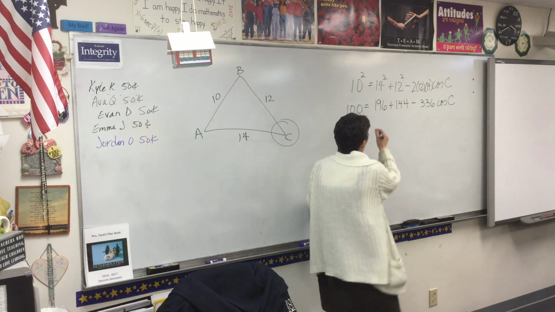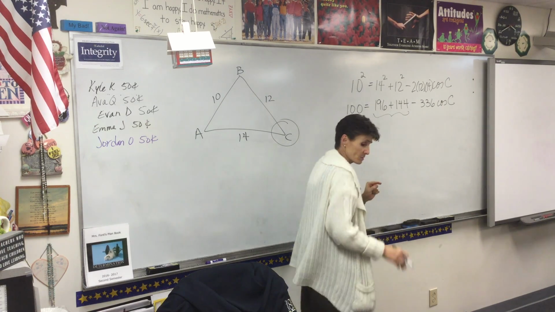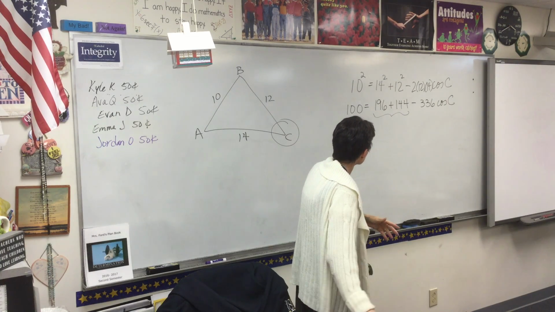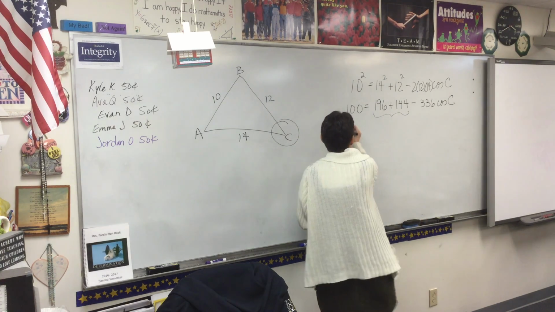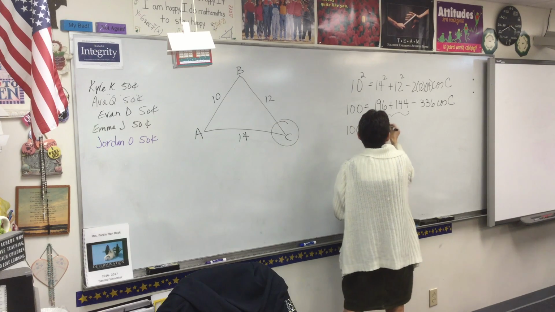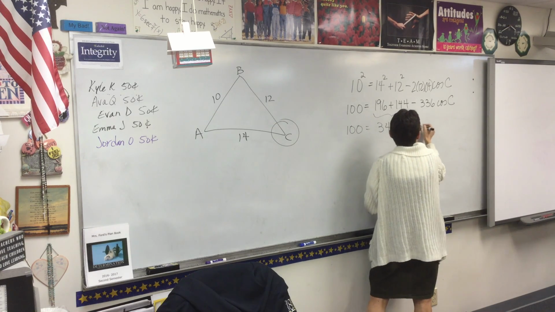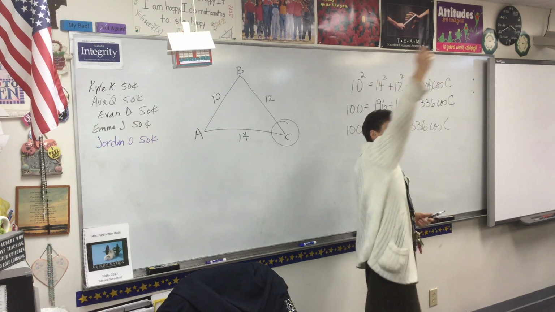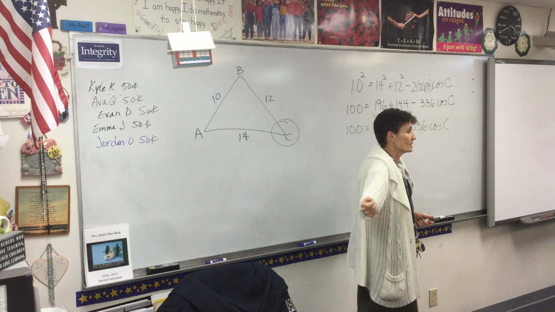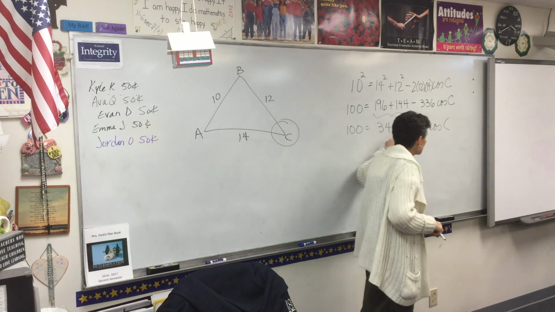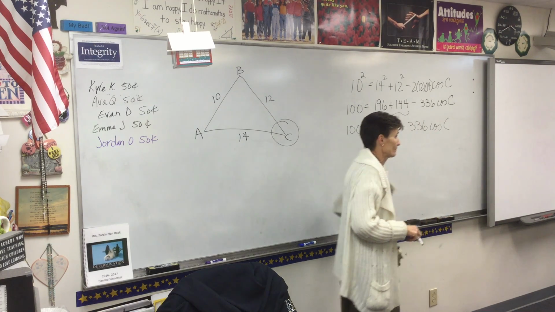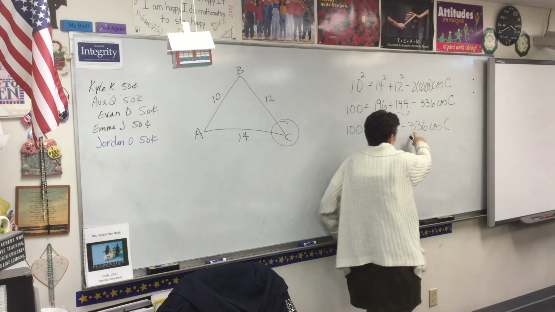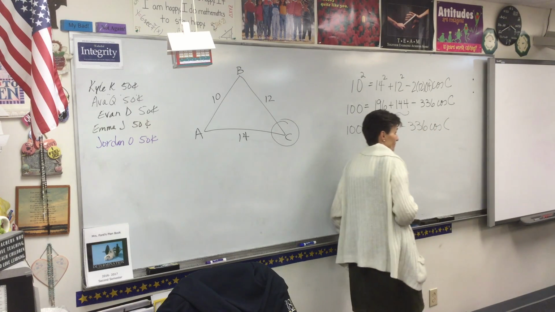Now, I'm going to add these two together. So what do I get when I add those? I should be able to do that. 340. Biggest red flag ever. These do not subtract. This one is hooked to a cosine.